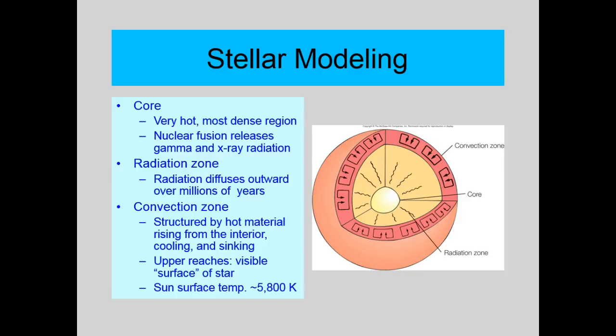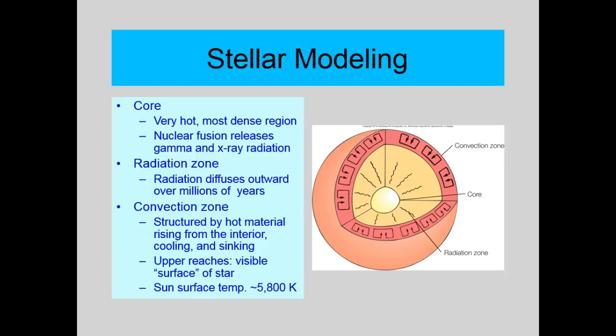In the core is the hottest, the densest region of the star. It's the only place that nuclear fusion happens, is in the core, okay? And it's going on there big time. That's why it's so hot, because nuclear fusion releases incredibly enormous amounts of energy.